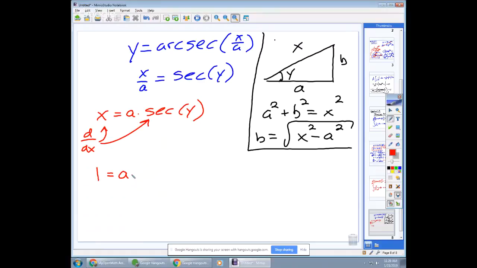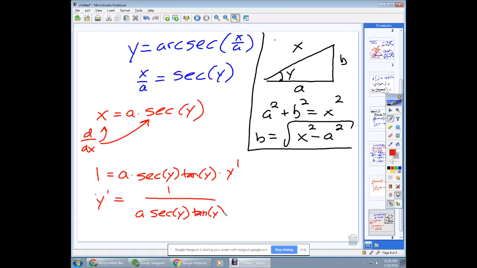Secant times tangent, so then I'm going to get a secant of y times the tangent of y. Chain rule says, do what next? Multiply by y prime. So if I solve for y prime, all this other stuff gets divided over. So y prime is going to be 1 over a times the secant of y times the tangent of y.